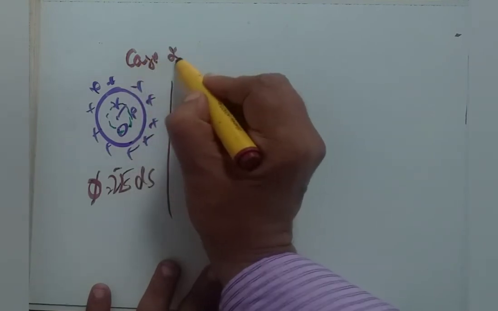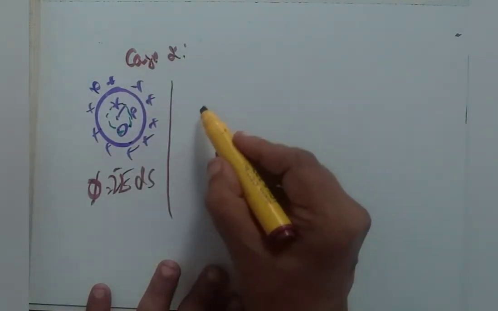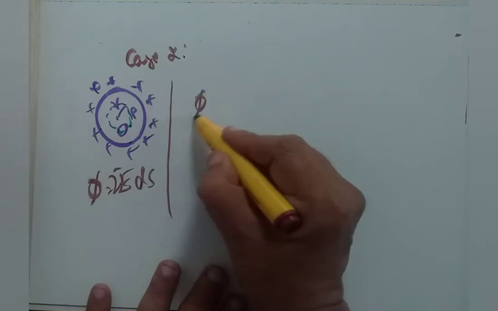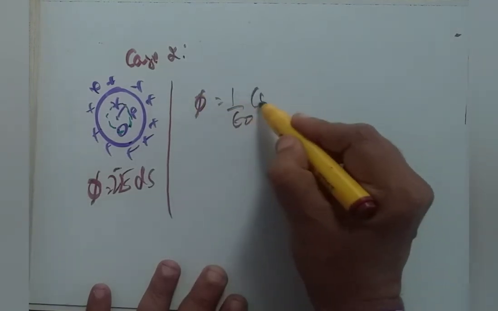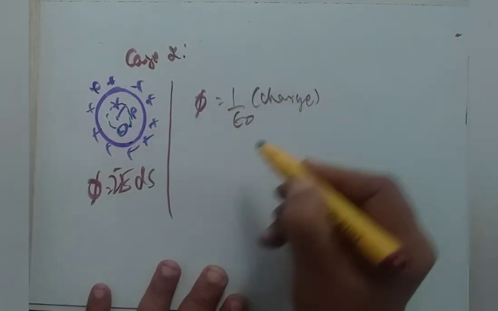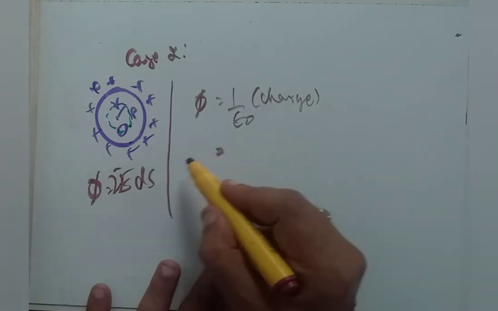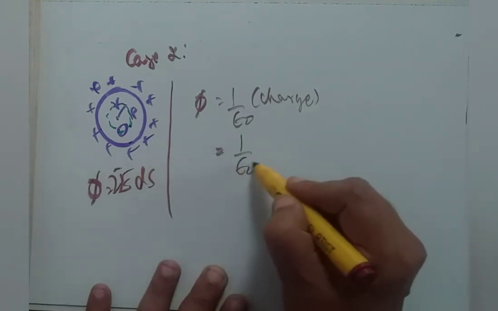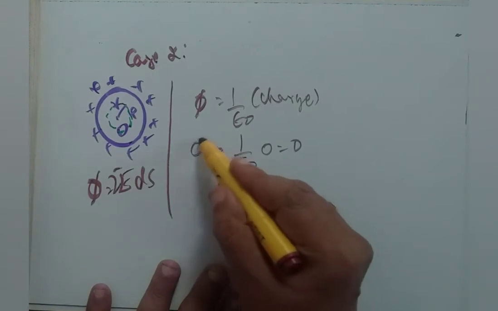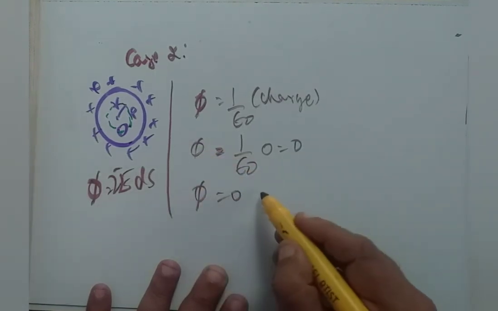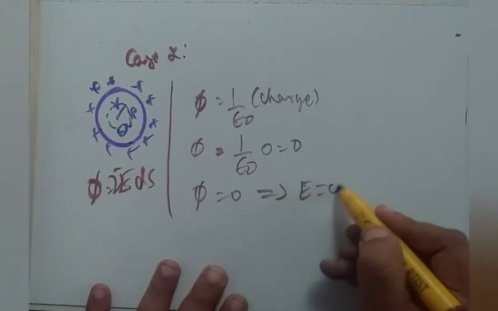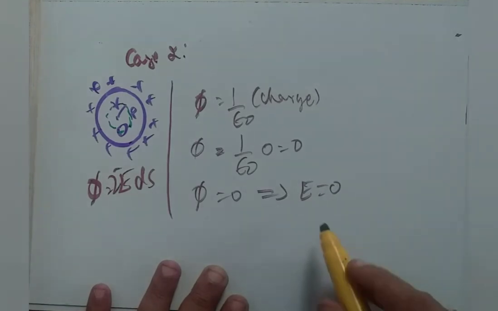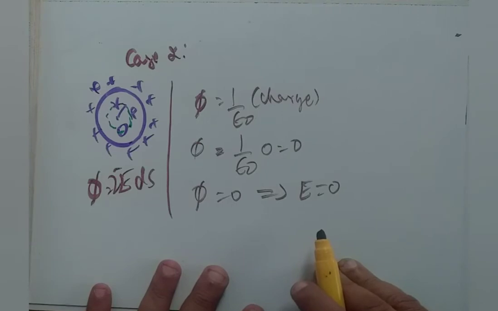We write case 2 here. Gauss law, that is phi equals 1 by epsilon naught times charge. But charge is 0 inside the conductor, therefore 1 by epsilon naught into 0 is equal to 0. That is flux equals 0, which implies E is also 0. That means electric field intensity at any point inside the conductor is 0.